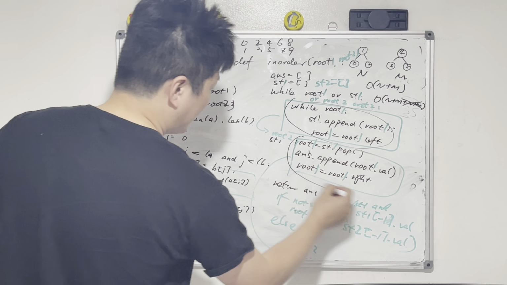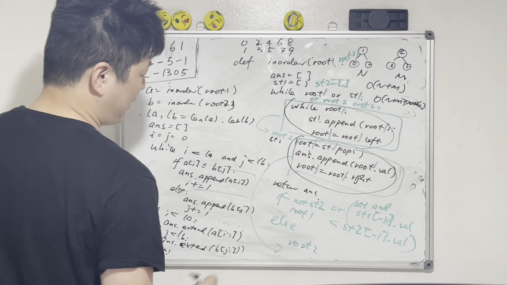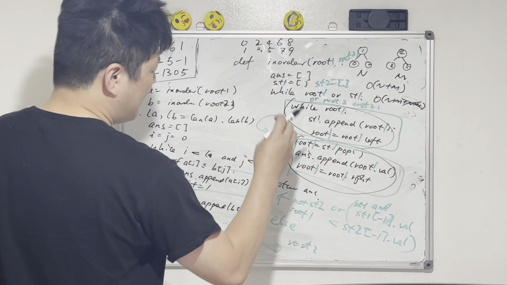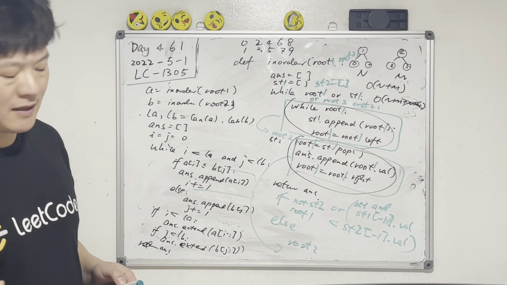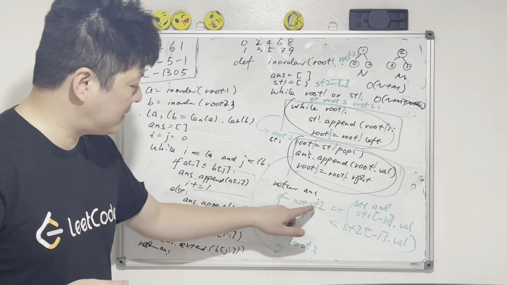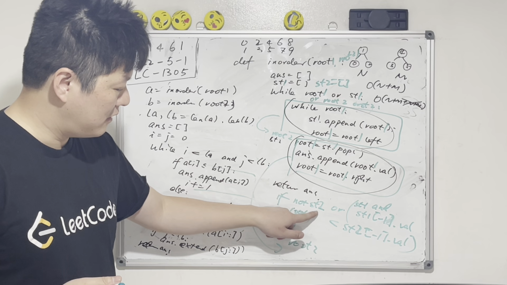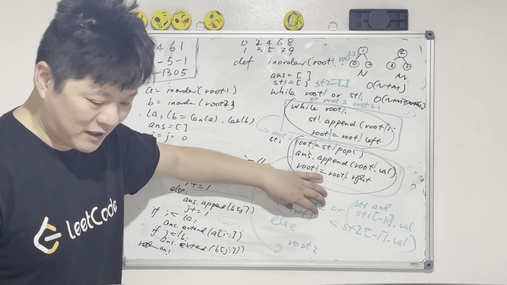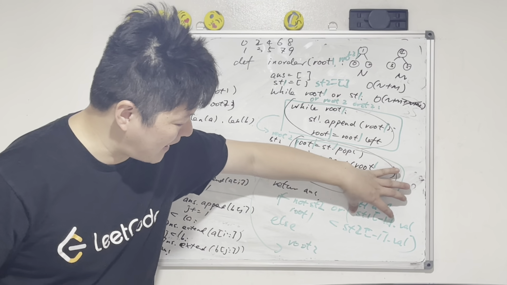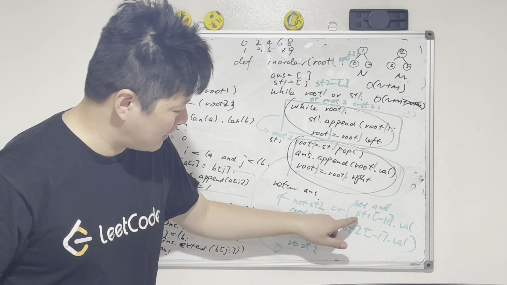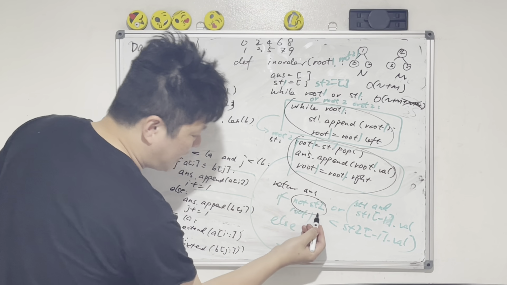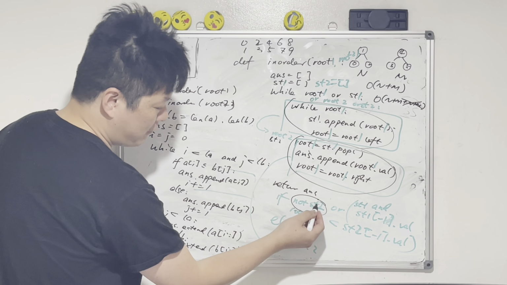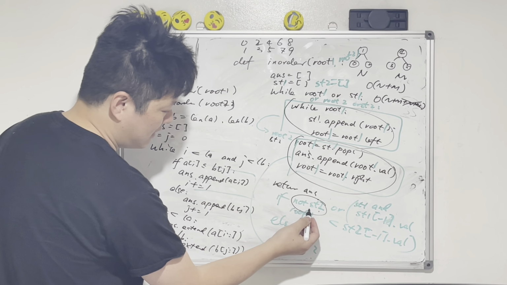And this is taking a node from the stack, but we need to check which stack has the smaller node, right? So if the second stack is empty, then we take the first stack.